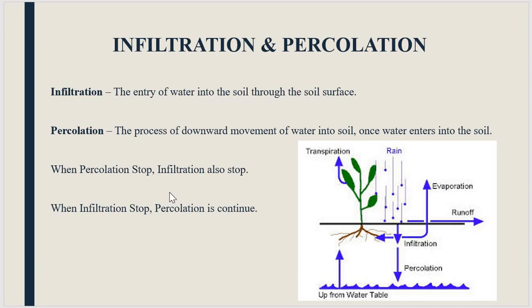These two points are very important. When a rain happens, the infiltration process happens first and then it continues as percolation. If infiltration stops, the percolation can continue, because the water is flowing downward through the soil layers.